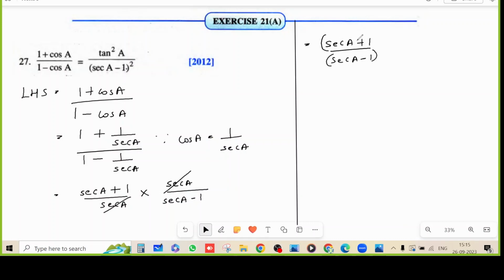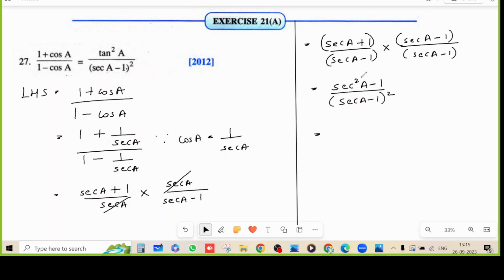Now we will multiply the denominator and numerator with sec A minus 1 because we want a square here in the denominator. So this will be multiplied with sec A minus 1, and the numerator also will be multiplied with the same expression. So this is of the form (A plus B) into (A minus B), which will give us sec square A minus 1 as the answer, and this denominator will become (sec A minus 1) whole square.